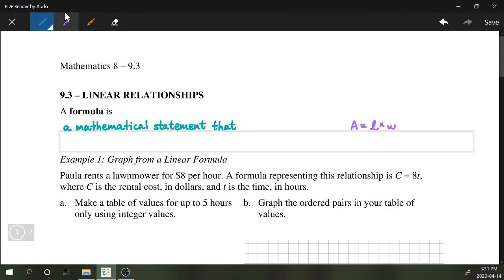Another example would be something like E equals mc squared. So that's a very famous formula, of course. And we'll talk about the parts in that formula in just a second. So this is again about the relationship of two or more quantities.